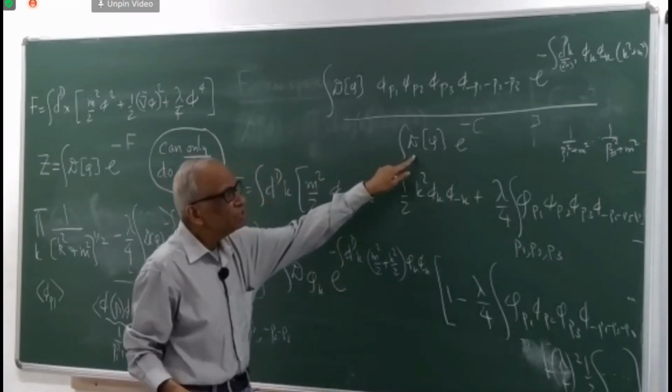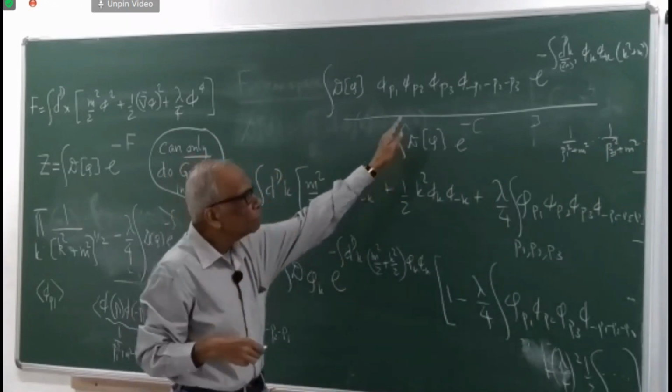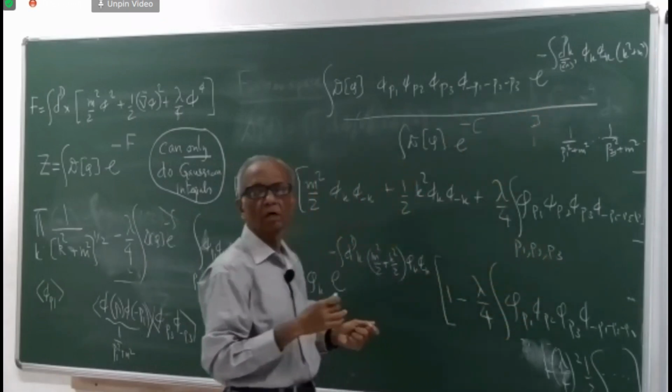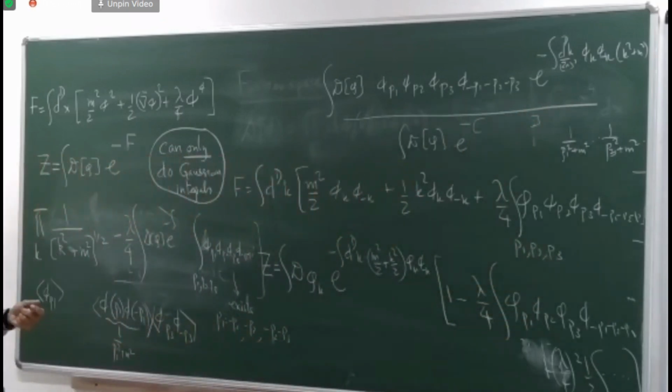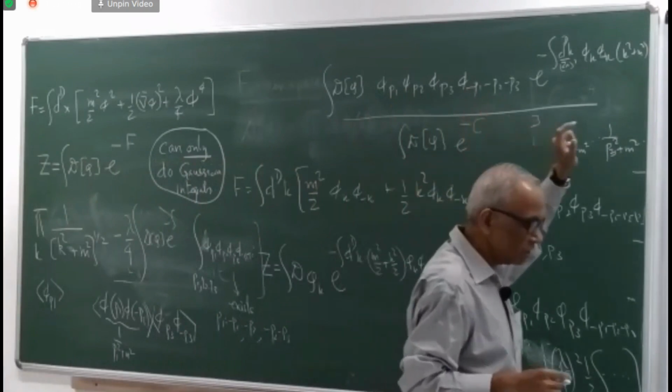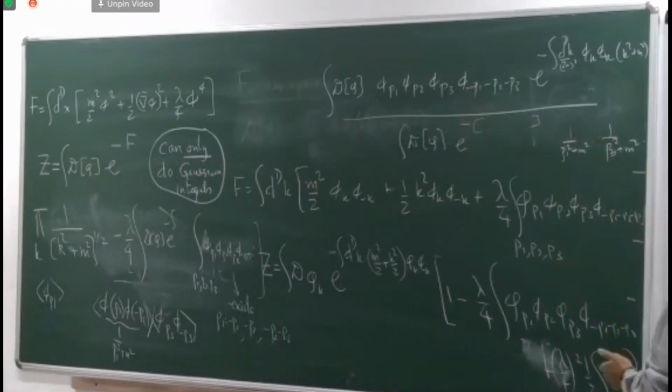Unless I divide out by this one, all the other things which were there would not cancel out. So essentially, I have factored this out, and this is in the denominator of all the integrals, and therefore, except for those which appear over here, all the others cancel from top and bottom.